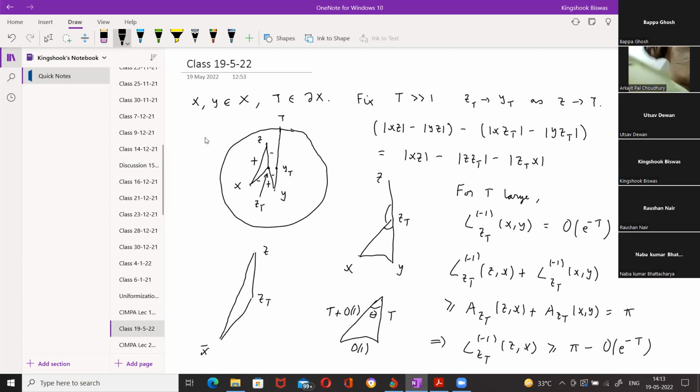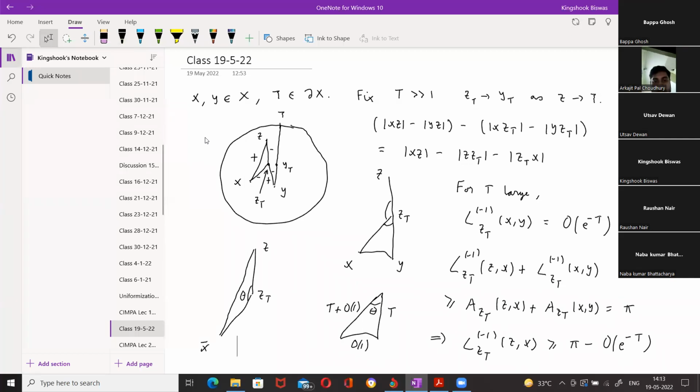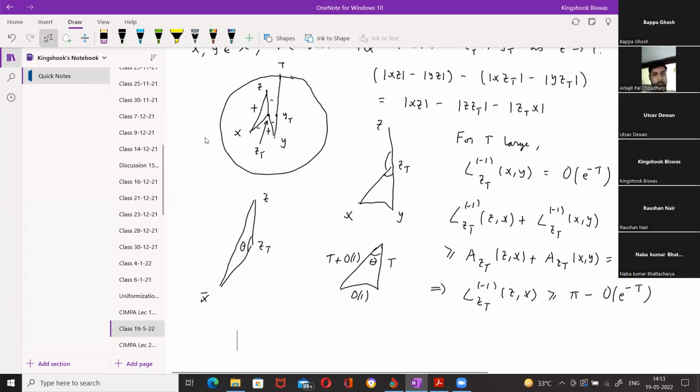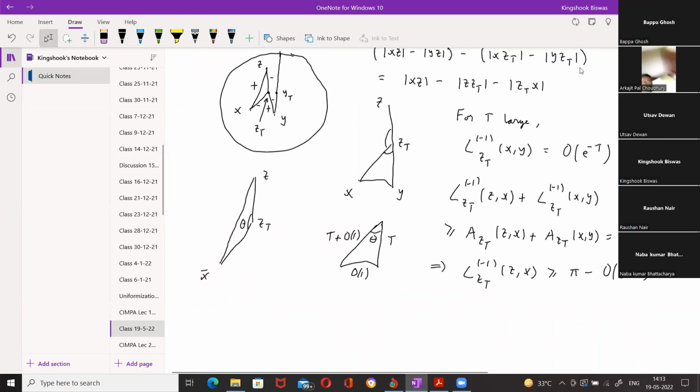So if this angle is close to pi, then what do I get? I'll have almost equality in the triangle inequality, right?